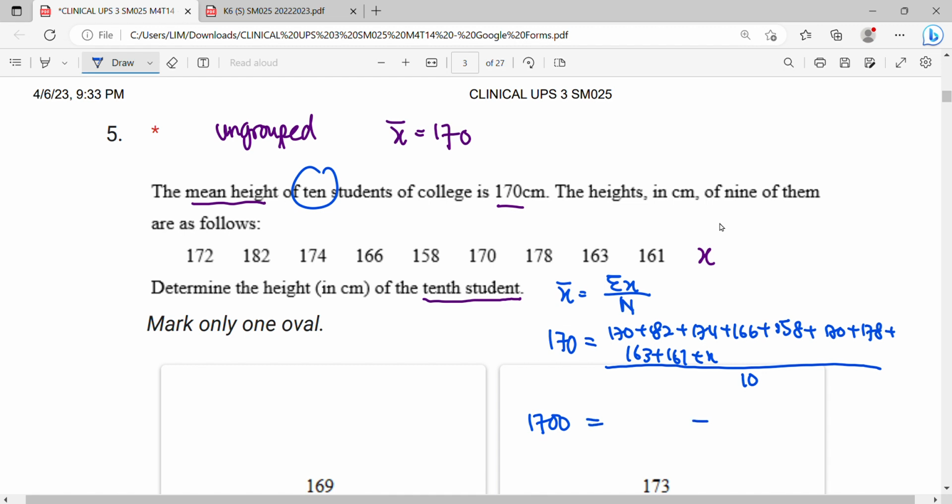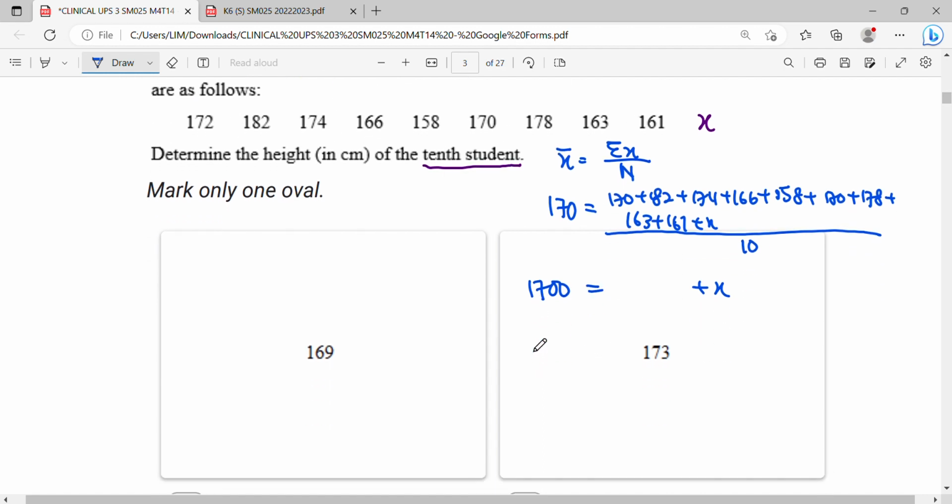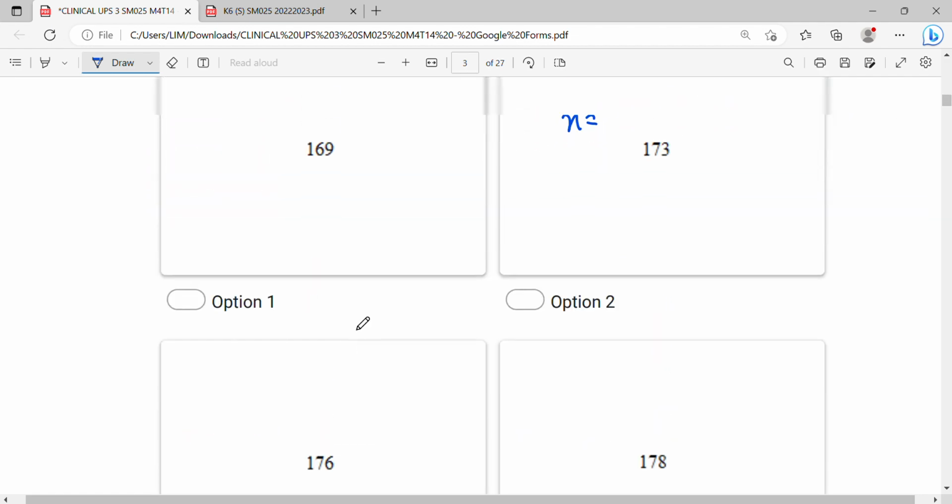So this adds up to how much? Sum all this data, what do you get? Please calculate. Yeah, how much? 1524. So X, you can get the answer 176.